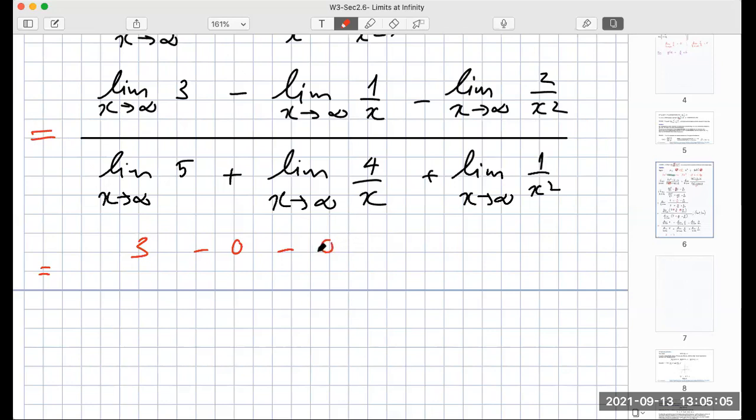We applied the theorem before. Limit of 1 over x to the r will be 0 when x approaches infinity. Very good. And the denominator? And finally, it will be? Very good. Nice.